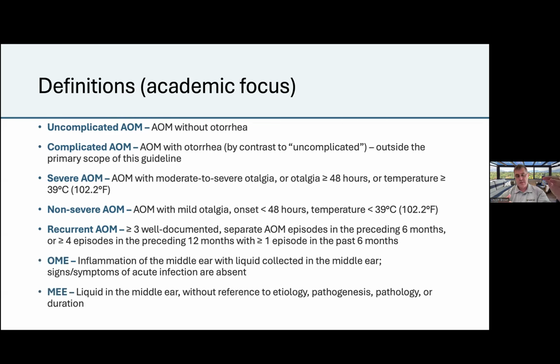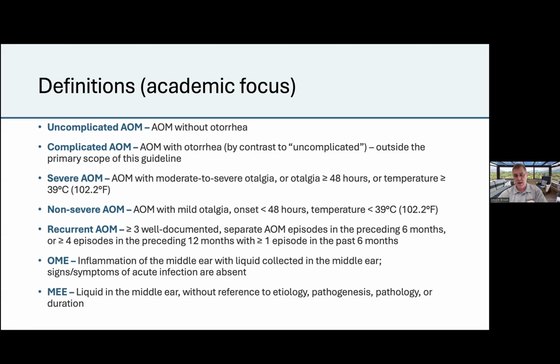All of this was the distinction against otitis media with effusion: the fluid in the ear with inflammation, but without signs or symptoms of acute infection. This is that kind of gray area where is it acute otitis?